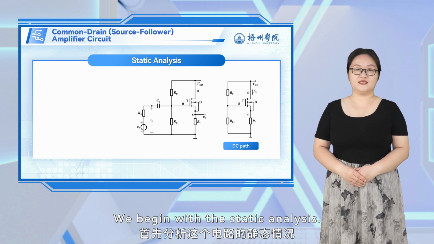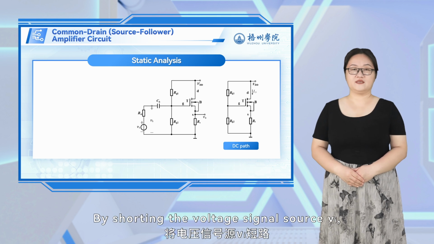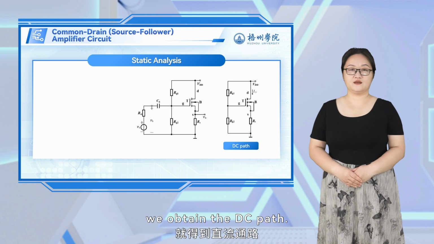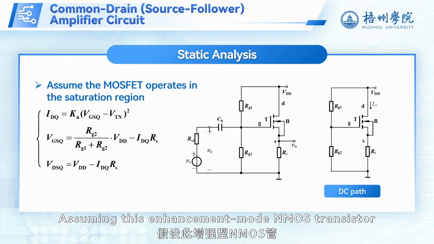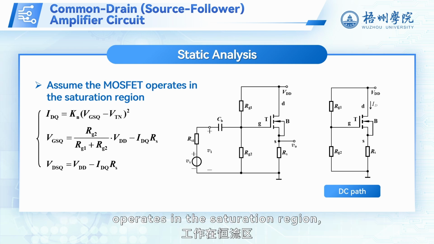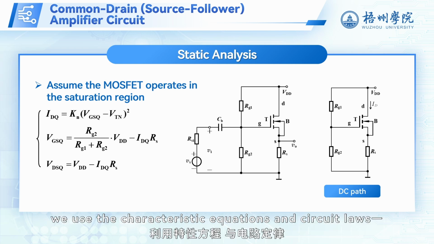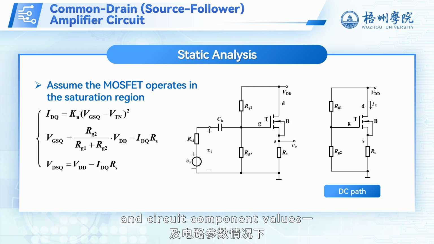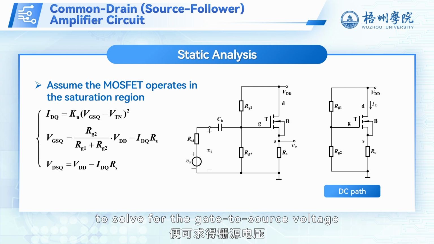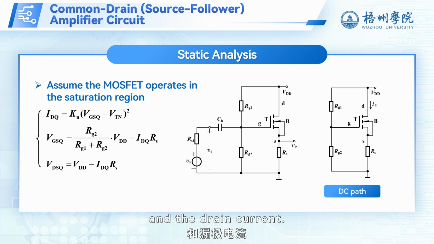We begin with the static analysis. By shorting the voltage signal source V sub I, we obtain the DC path. Assuming this enhancement mode NMOS transistor operates in the saturation region, we use the characteristic equations and circuit laws, given the known MOSFET parameters and circuit component values, to solve for the gate-to-source voltage and the drain current.